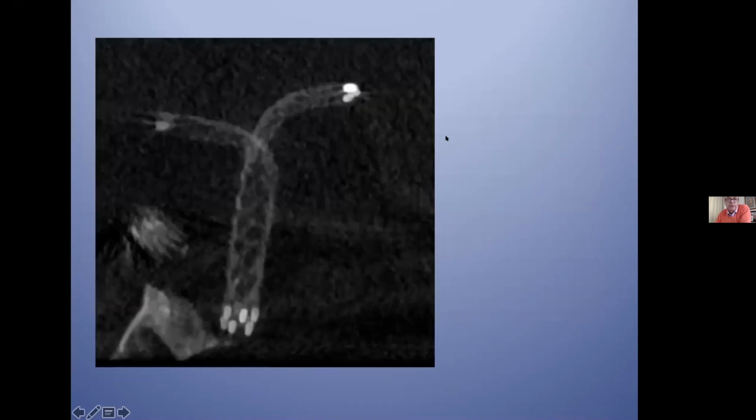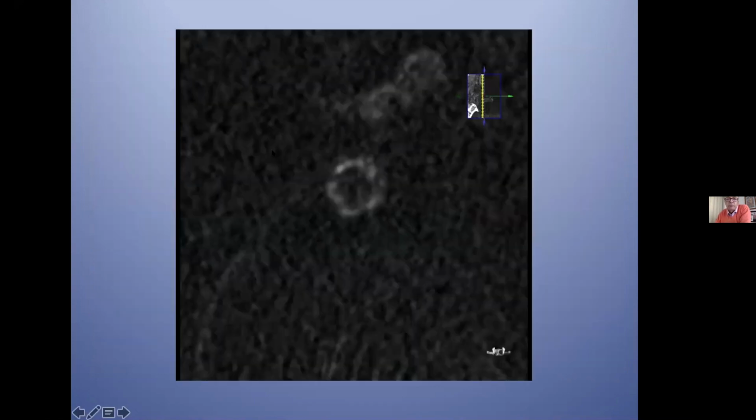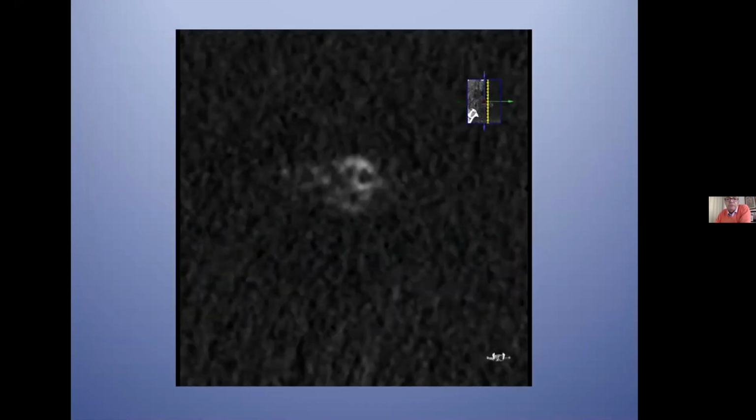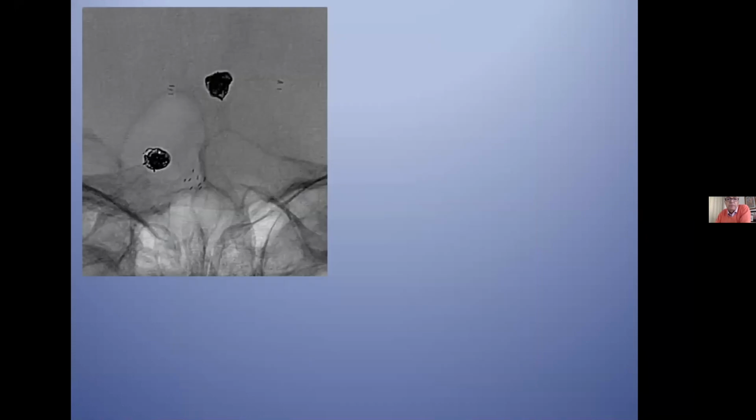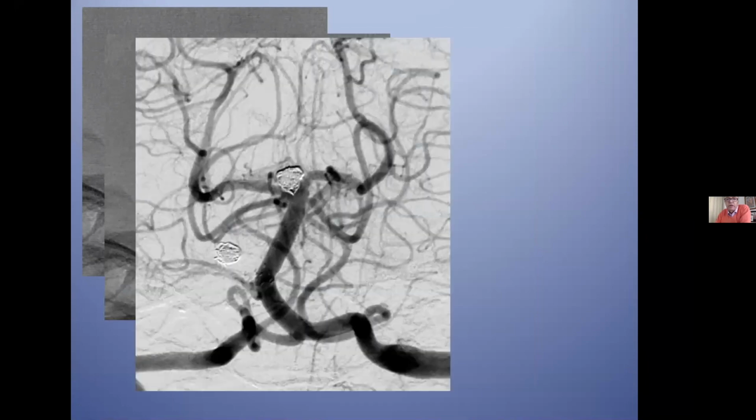This is the CT reconstruction. Every time I need an open cell here with a balloon. This is the axial view, and this is the control, a good result.